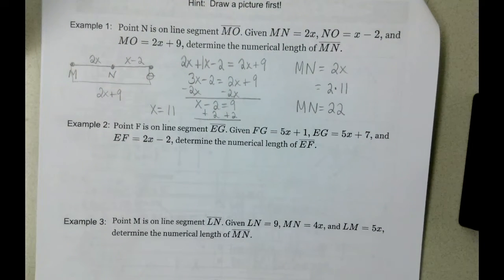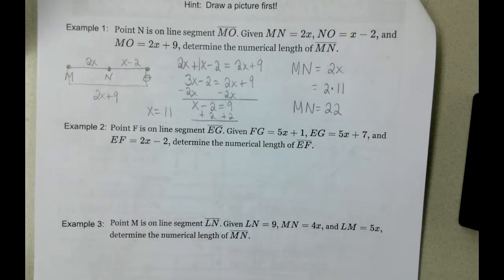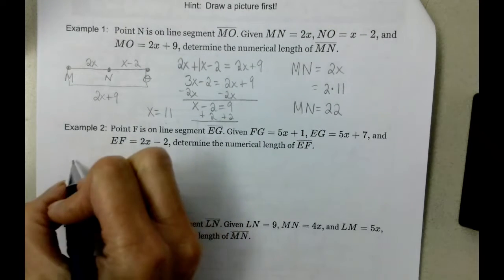Let's try example number 2. Point F is on line segment EG. Given FG equals 5x plus 1, EG equals 5x plus 7, and EF equals 2x minus 2, determine the numerical length of EF. Start by drawing a picture.